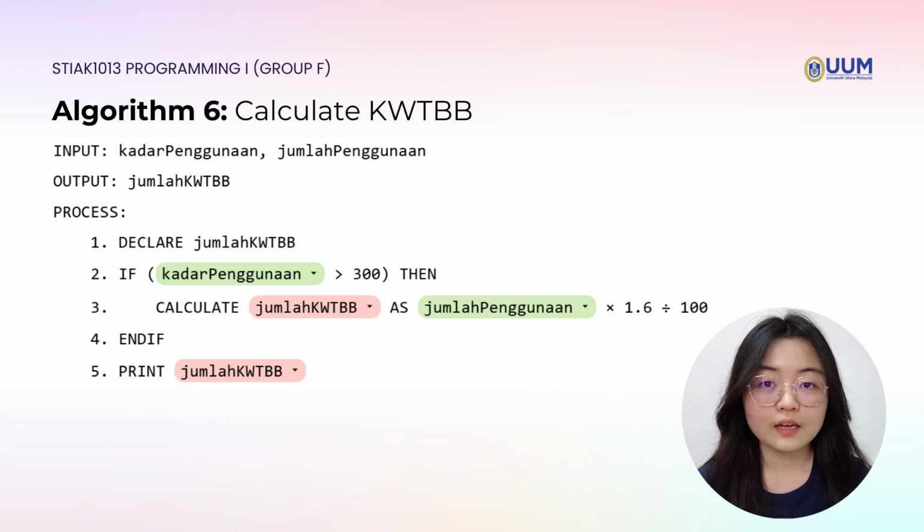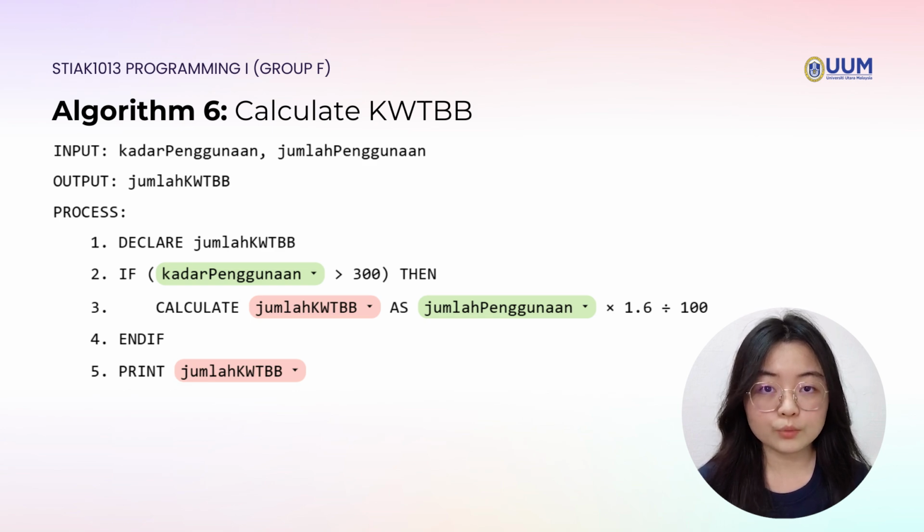Algorithm 6 calculates KWTBB. Kadar penggunaan is read to check if KWTBB applies. KWTBB is applied if kadar penggunaan exceeds 300 kilowatt per hour. Jumlah penggunaan is used in the formula to calculate jumlah KWTBB.